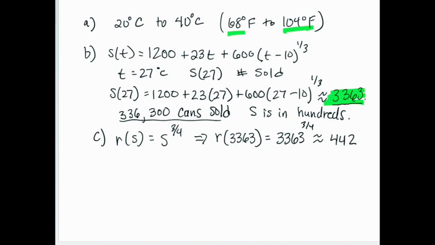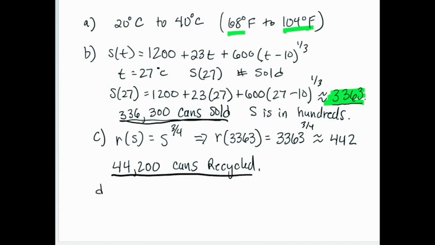So when I write out the final answer, I'm going to put that R is in hundreds of cans so that the number of cans recycled when the temperature is 27 degrees Celsius would be about 44,200 cans. This is cans sold. This is cans recycled.